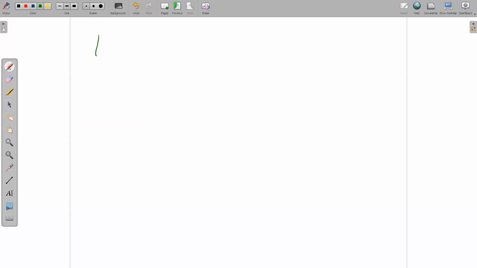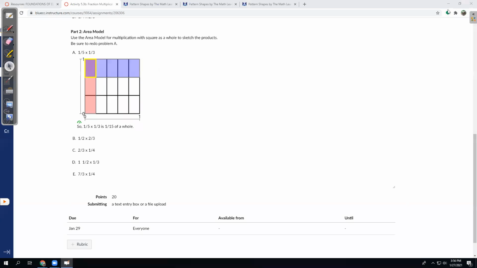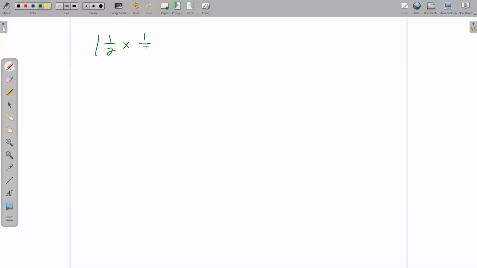So 1.5 times 1/3. And we're going to do that multiplication as area. I'm going to let the 1.5 be my base and the 1/3 be my height.